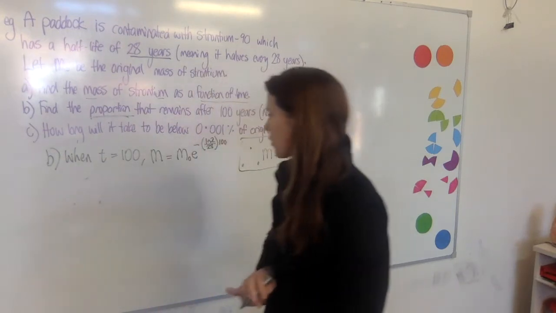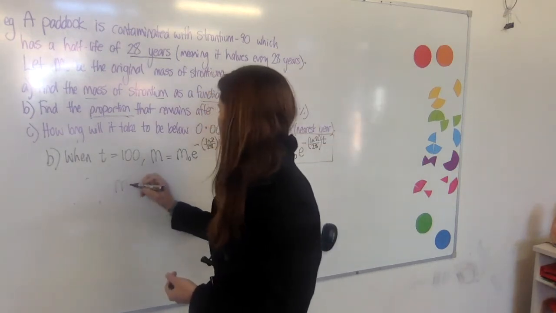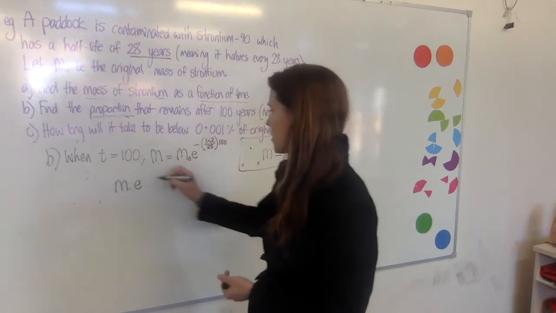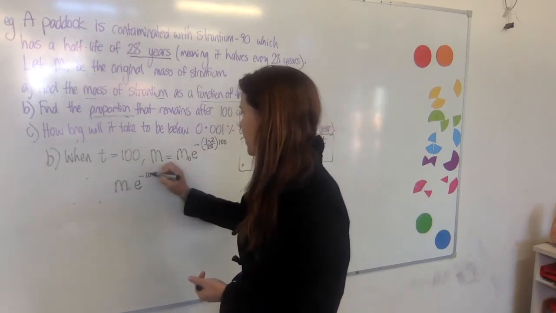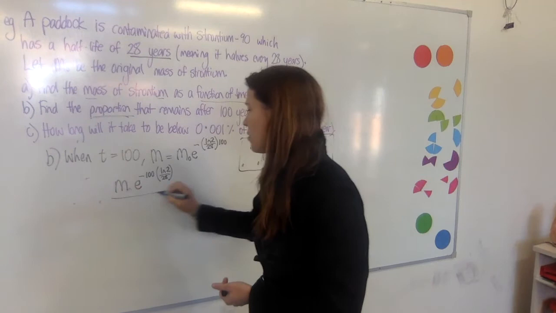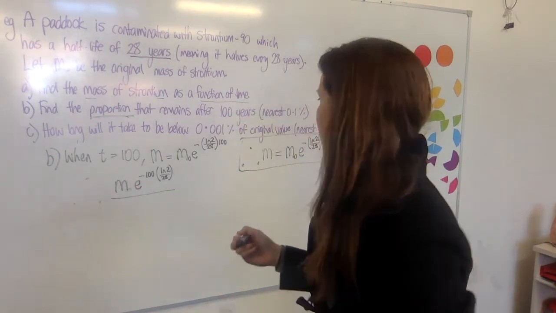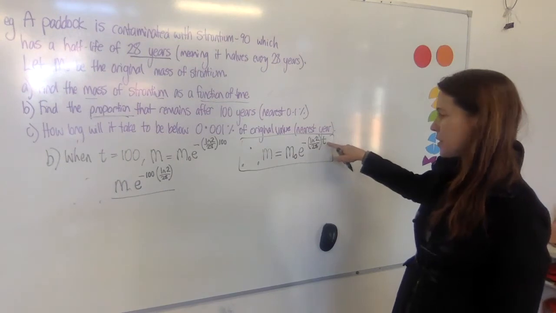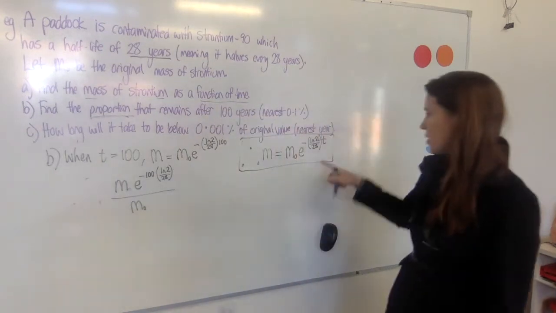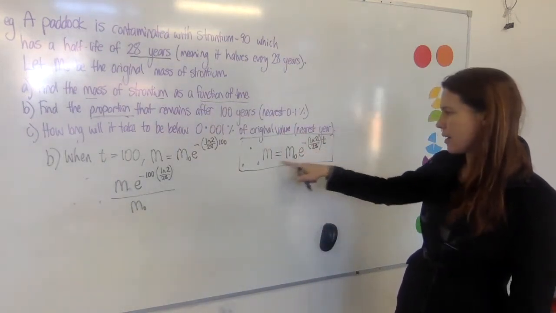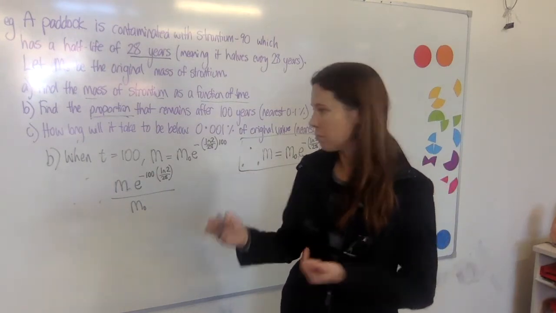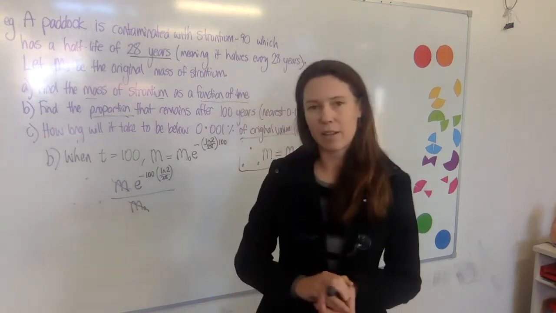So the proportion we've got, well, we're going to have m0 times e to the power of minus 100 ln 2 over 28, over, well, how much did we have at the start? At the start time would be 0. At the start we just had m0, didn't we? Because summing t equals 0 in here, this whole part becomes 1, and the amount we had was literally by definition this. So as a proportion, I can now divide both of those and they're gone.